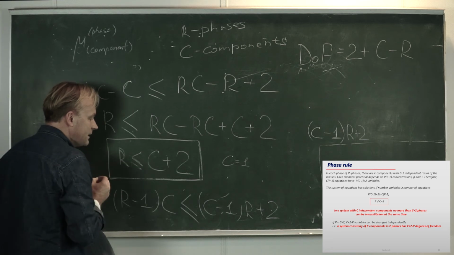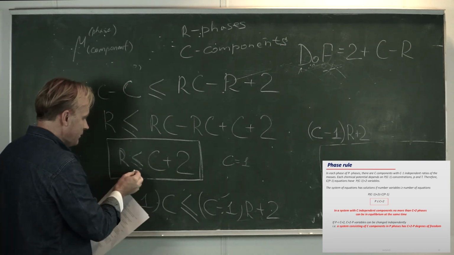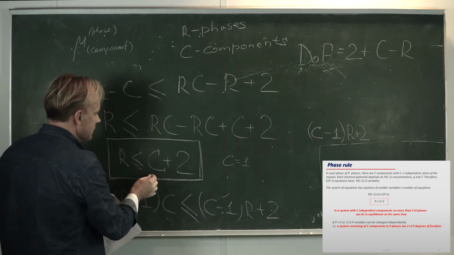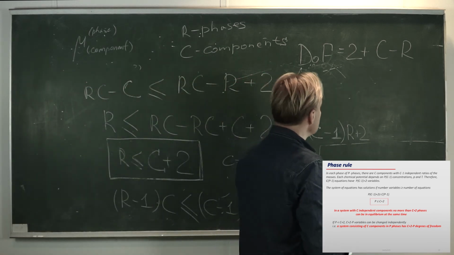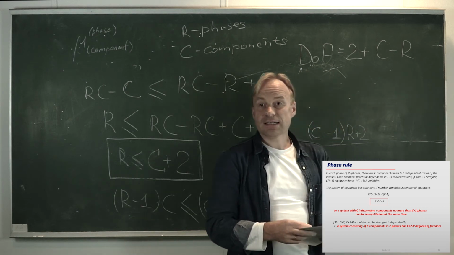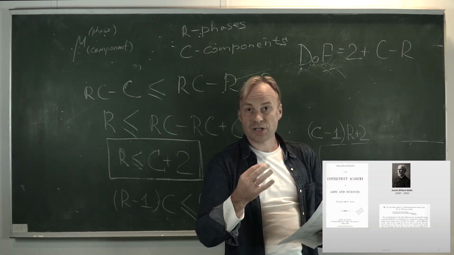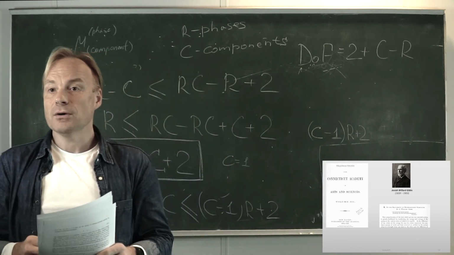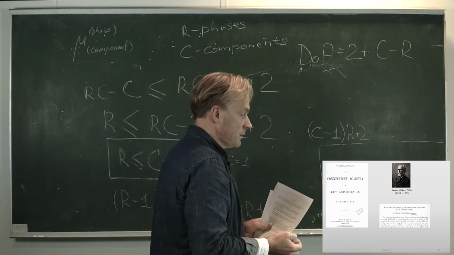The total number of phases that can be at equilibrium at the same time is no more than the number of components plus 2. This rule is called the phase rule, or sometimes Gibbs rule, and it was suggested by Gibbs. You can see the copy of the original paper from the 19th century in which this rule was formulated.